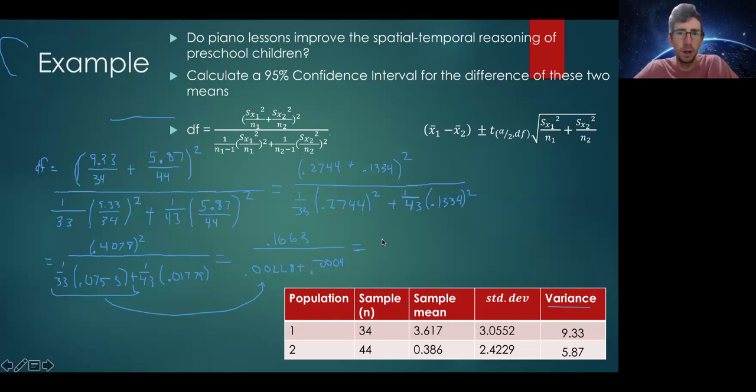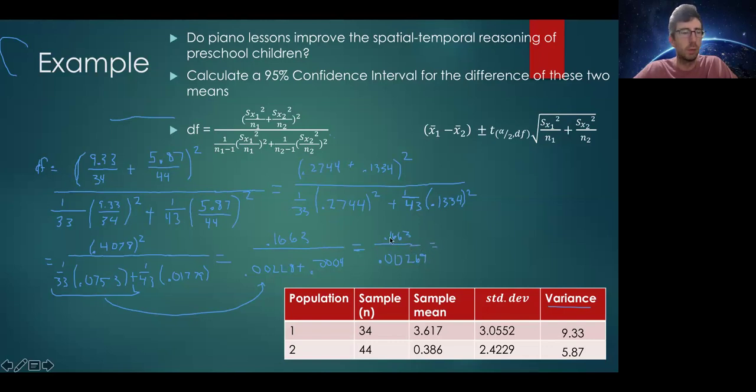So now let's add those two numbers together. Leave our 0.1663 up top. Add 0.0004 to 0.00228, and I get 0.00269.